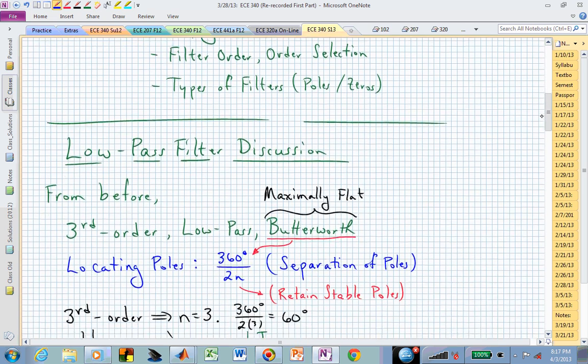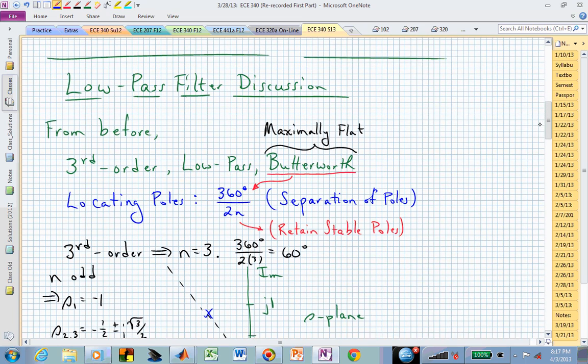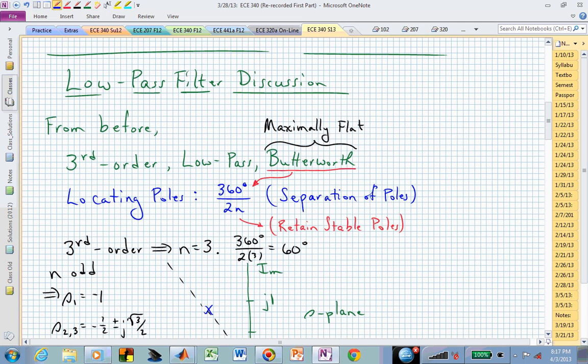What we want to do then is remind ourselves about this low pass filter. Last time we were talking about designing maximally flat filters, or filters whose pass band is quite flat near the low frequency region, and those are called Butterworth filters. Let's now talk about the design of a third order low pass.